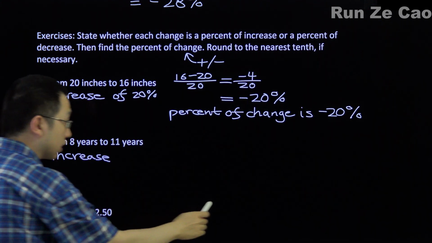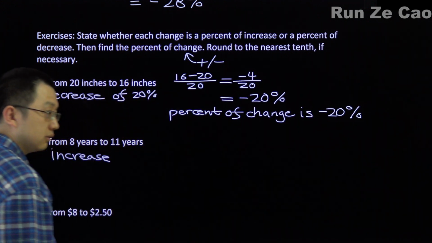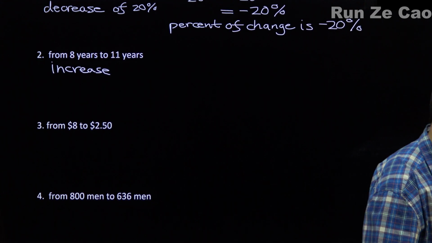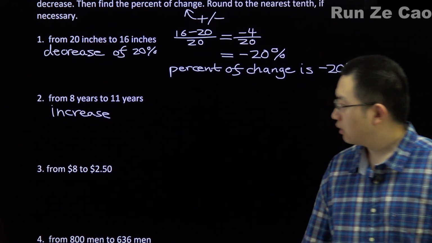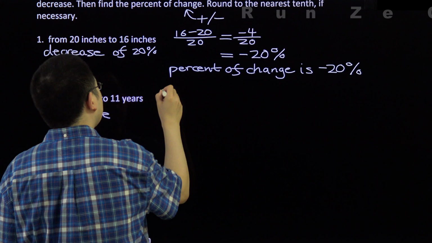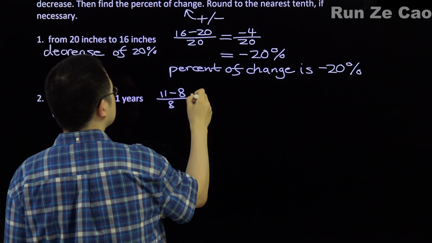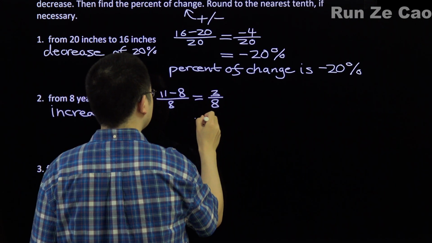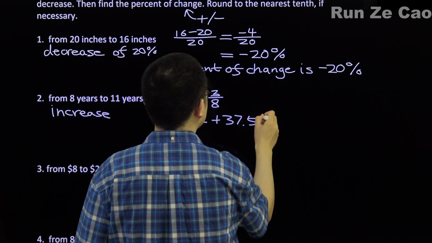Here, the increase, we're going to end up with a percent of change that is positive, however many percent. At least that's the convention I'm used to. It could be that in some conventions, you have no sign for positives when you state percent of change. 8 years to 11 years, that's 11 minus 8 over 8, which is going to leave you with 3 over 8, or positive 37.5%.